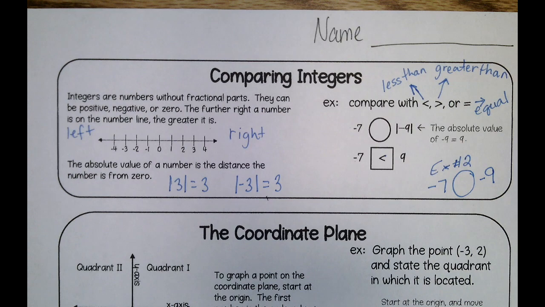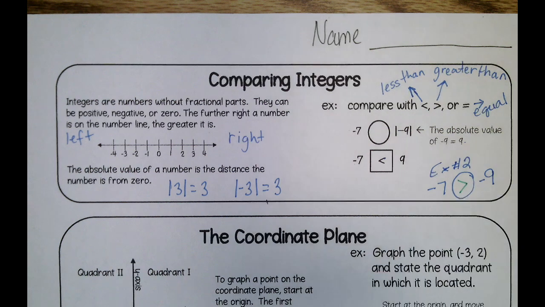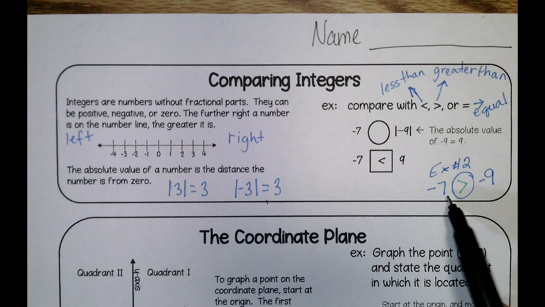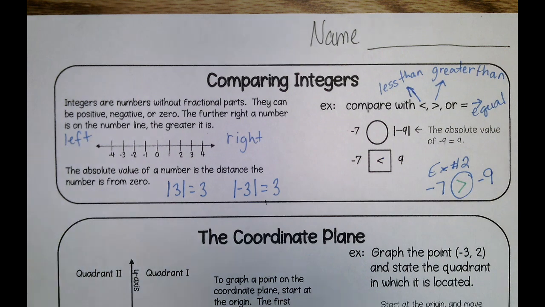All right. Well, guess what? The negative 7 has greater value. Let me ask you this. Would you rather owe $7 or owe $9? I don't know about you. Well, I don't want to owe anybody. But if I have to owe something, I think the 7 would be better. So that's why the negative 7 holds greater value.